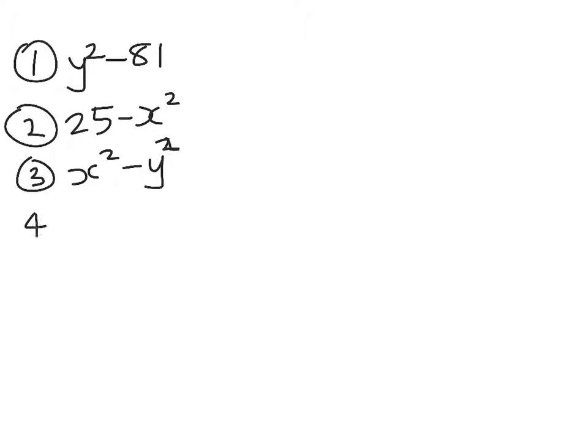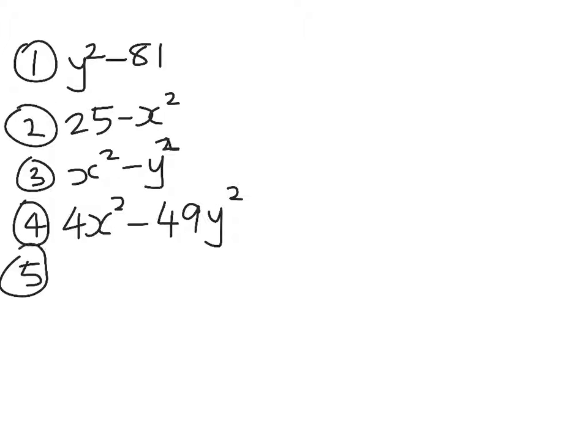So they're all the same idea. Look at the first number, figure out whether it's a square, and get its square root. Okay, pause the video and work through those, and then I'll go through the answers.